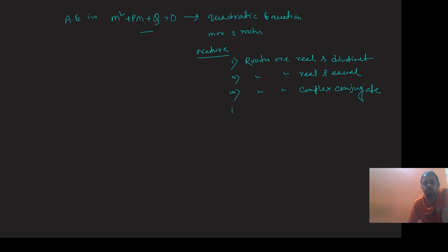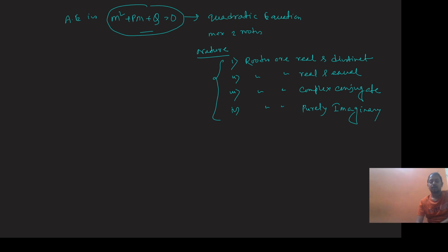And number four, roots are purely imaginary. So here we first find the roots of this quadratic equation, then check the nature of the roots, and according to this we write the solution.